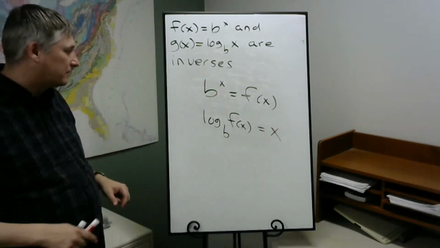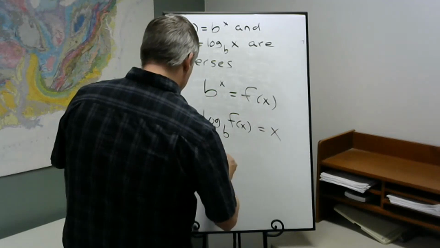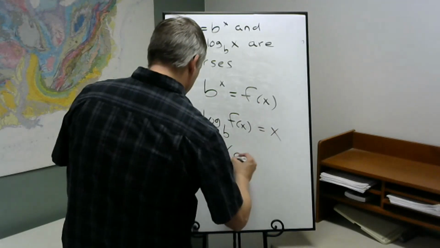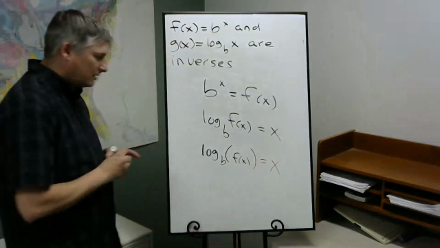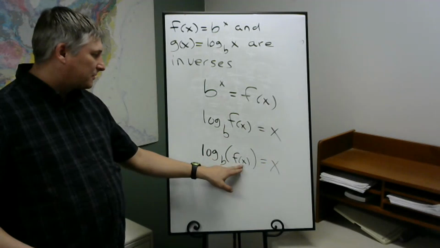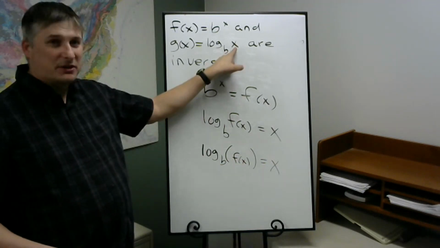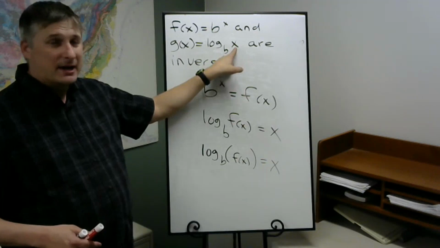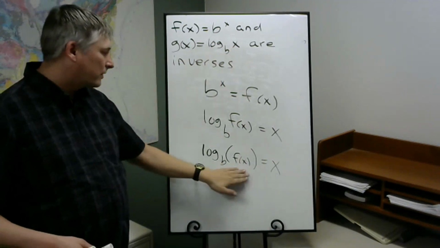Now here's the thing though. The logarithm base b of f of x, this is the same as replacing this x here in g of x with f of x. So if we put f of x here and here, we're getting this.